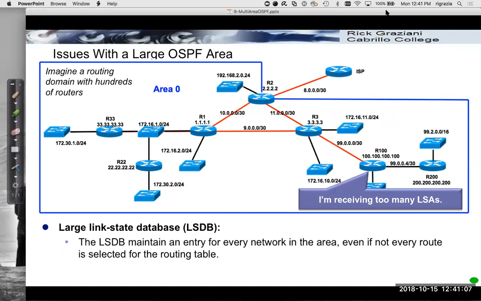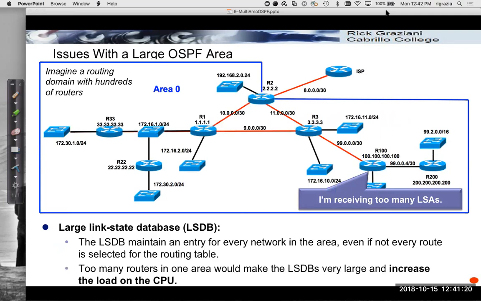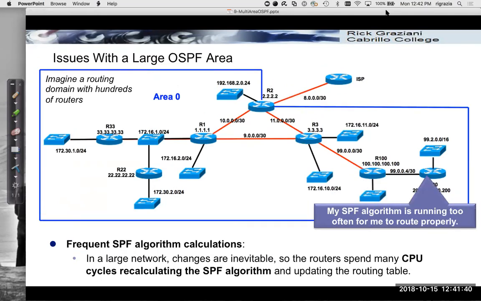Also, with large OSPF routing domains, we can have OSPF routers with very large link state databases. And this can cause issues when having to do any kind of recalculations, having to recalculate the SPF tree for all the link states in the link state database, which also increases the load on the CPU, requires more memory, etc. And also, frequent SPF calculations.